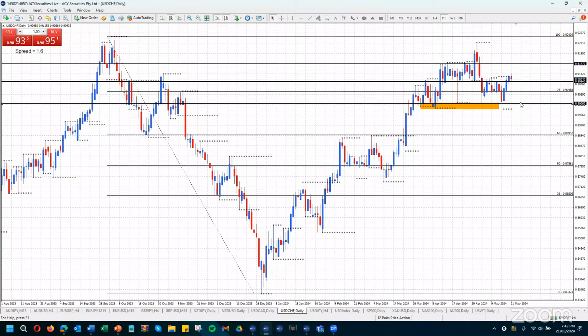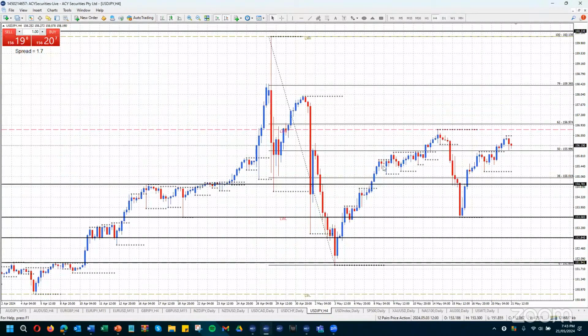So you have to trade where the outside parameters of support and resistance are. I don't like when I can see where the boundaries are, I don't like trading in the middle. I like to be a trader at support or a trader at resistance. So buying at support, selling at resistance.